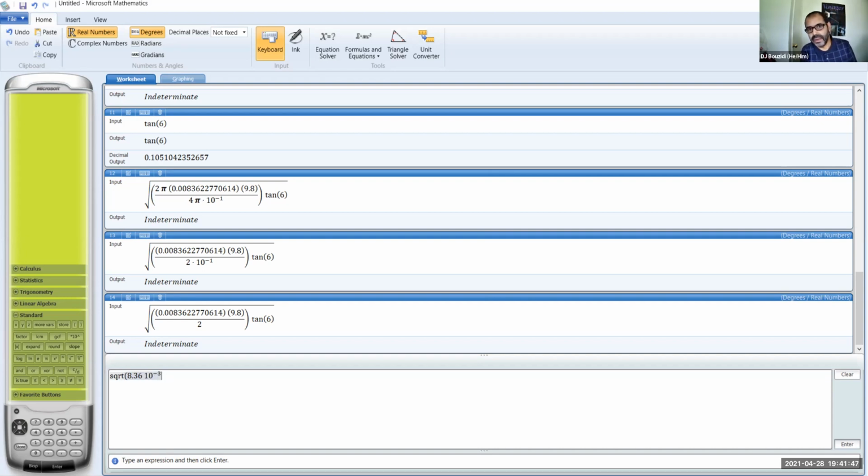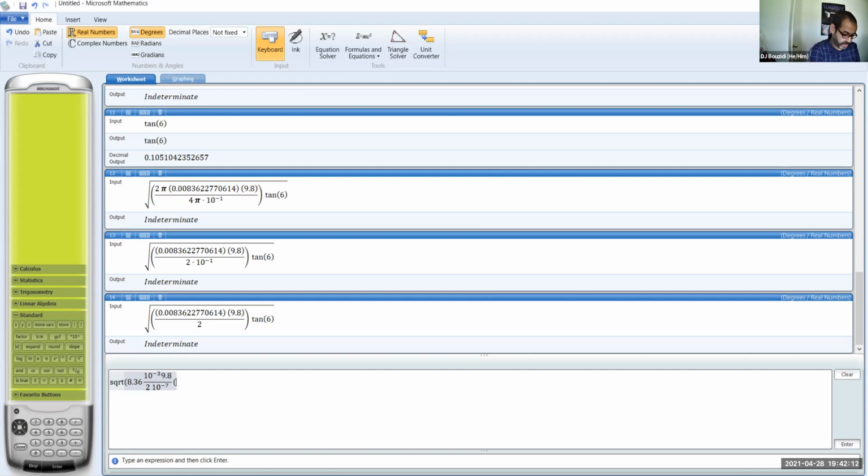Okay, that takes care of that. Times 9.8, which is really 10, divided by 2 times 10 to the negative 7. I mean, this calculator should take care of these things in here. Okay. And the whole thing is times the tangent.